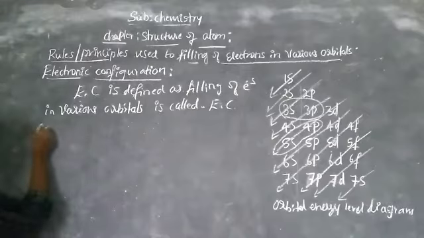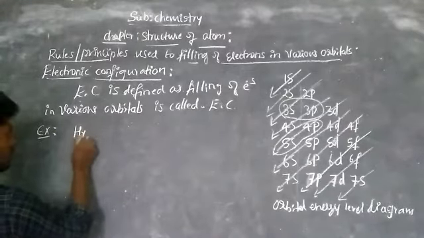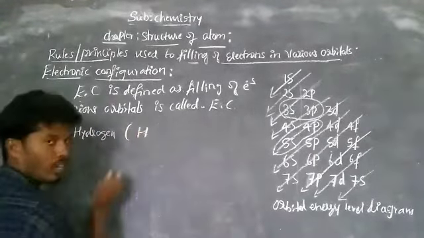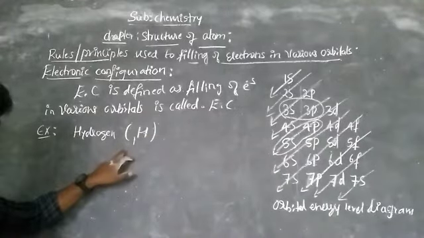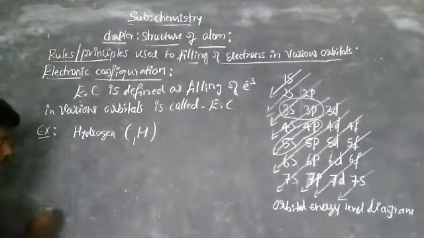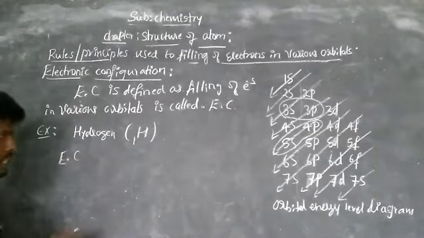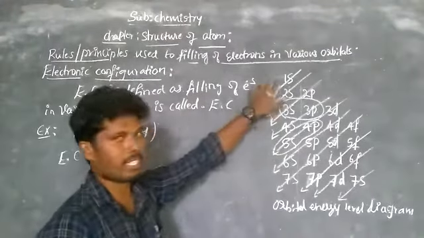So for example, take hydrogen. The element is H and the atomic number is 1. So write the electronic configuration. How many electrons are there? Only 1 electron. The first orbital is 1s, right?